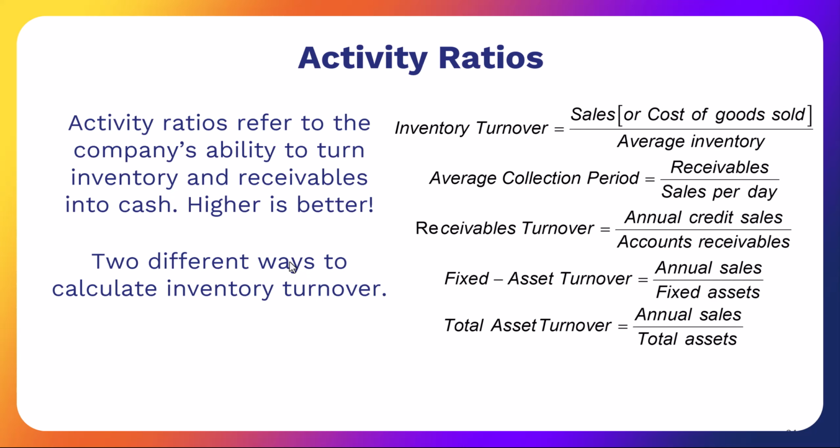Activity ratios help us look at how effectively the company uses its assets to generate sales. Amazon's high turnover ratio is a result of an efficient supply chain that ensures products move quickly from warehouse to customer. High turnover ratios are generally favorable, as they indicate good inventory management and sales performance.